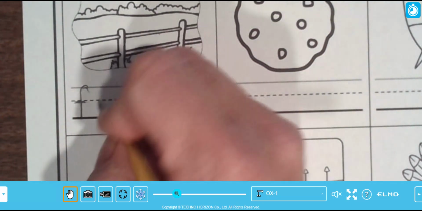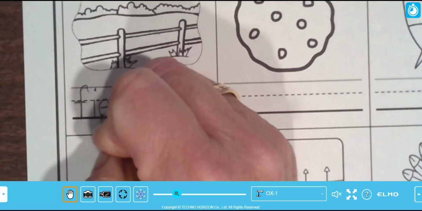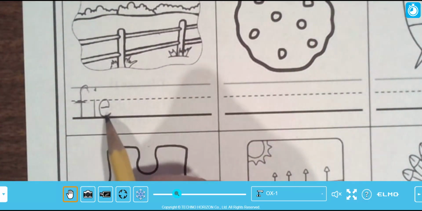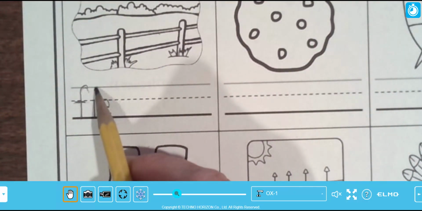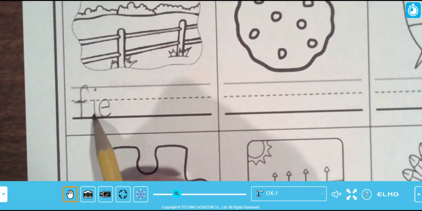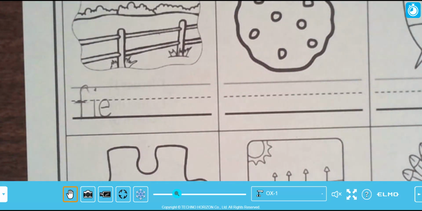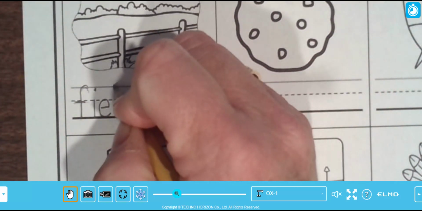Okay, then IE, which is two letters, the I and the E together. And both of these letters are small, small and small. The only thing is that the I does have a dot in the tall area. Oh, the L is a tall.